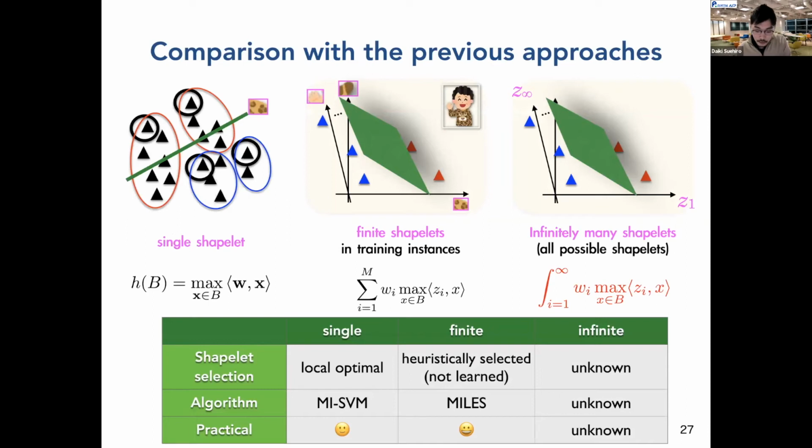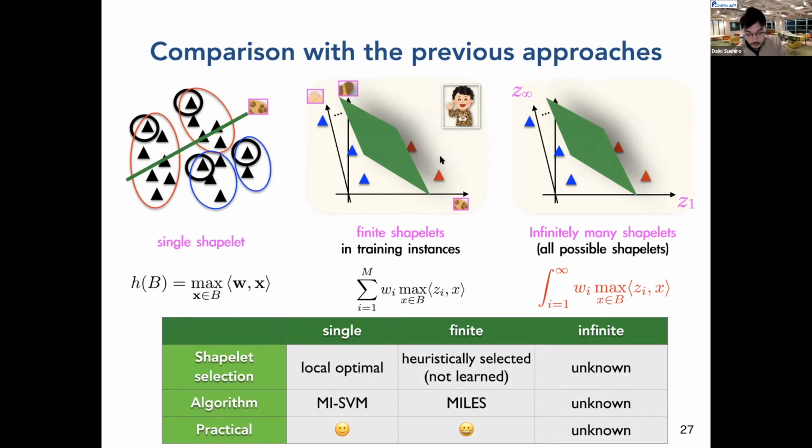And by using the concept of shapelet to MIL, the previous approach is summarized like this. The first introduced approach is considered as a single shapelet-based method. And the second approach, which considers a more difficult case, is considered as a finite shapelet-based method.